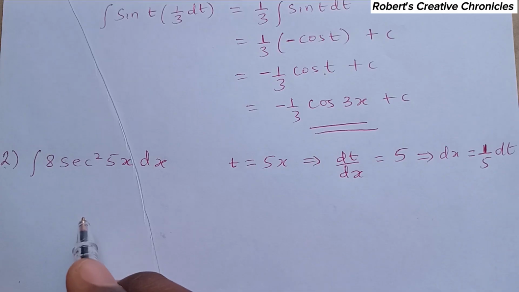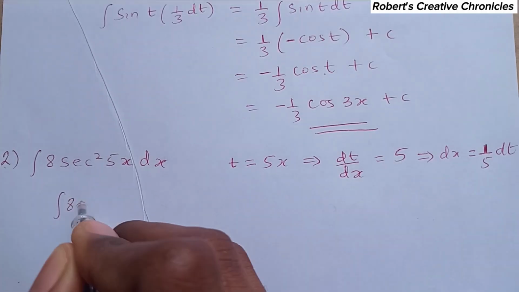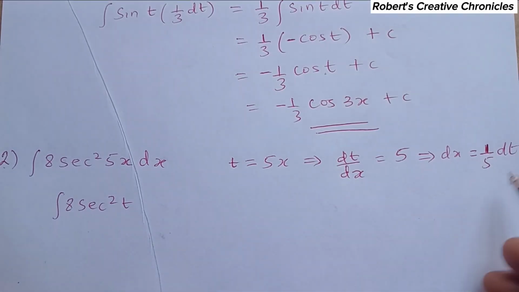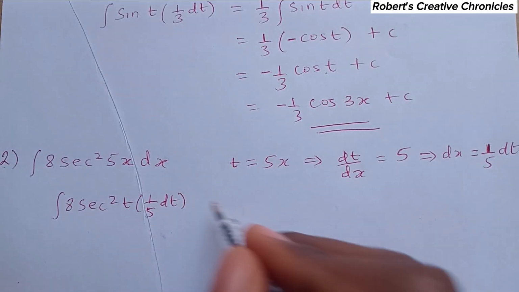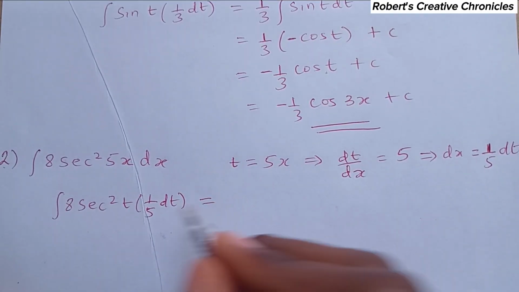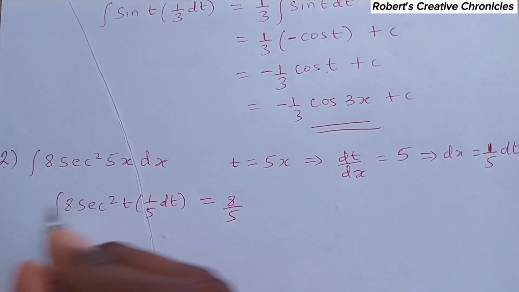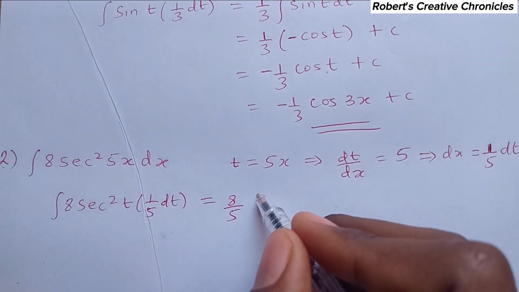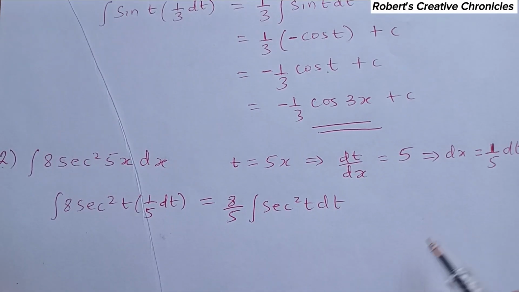Then what next? We are going to substitute t in this equation. You get 8 sec squared t. Then dx is what? 1 over 5 dt. So we factor out the constant to be 8 over 5, because 8 will come out times 1 over 5, which is 8 over 5, integral of sec squared t dt.